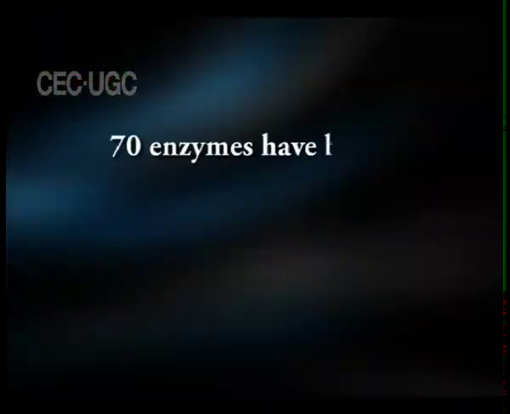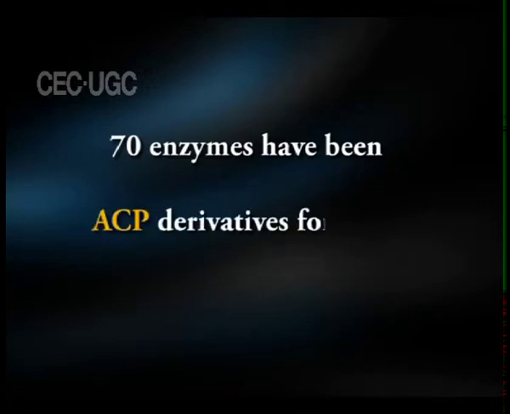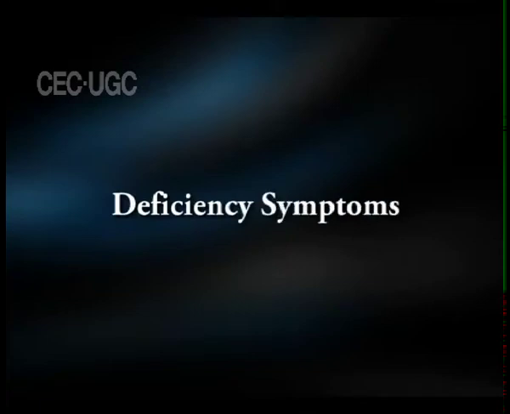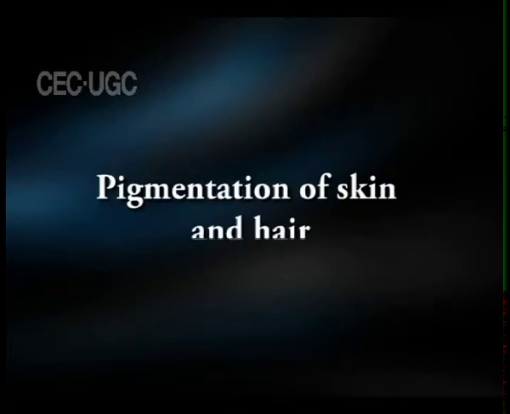At least 70 enzymes have been identified as requiring coenzyme A or ACP derivatives for their function. Besides, pantothenic acid itself is a component of fatty acid synthase complex and is involved in the formation of fatty acids.